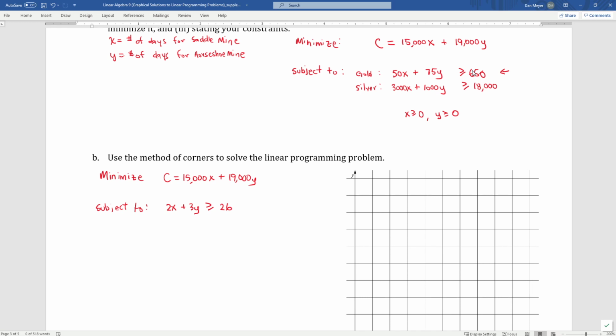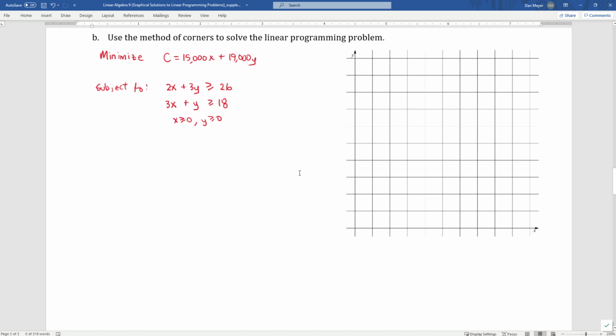So if I take the silver inequality and divide everything by 1,000, that gives me 3x plus y is greater than or equal to 18. And then we've got those last two constraints that are just saying, hey, we're in the first quadrant here.